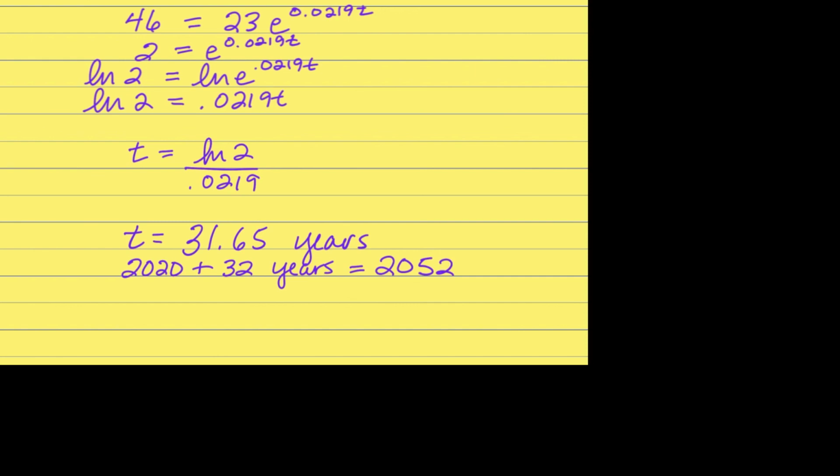Divide both sides by 0.0219 and put that in your calculator. You get 31.65 years. I'm going to round that up to 32 years and add it to 2020, and that gives us the year when the population will be double.